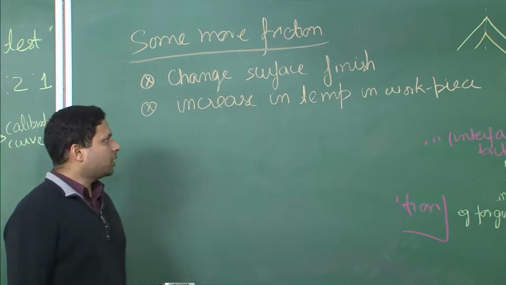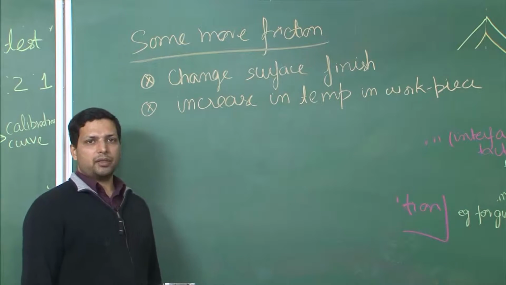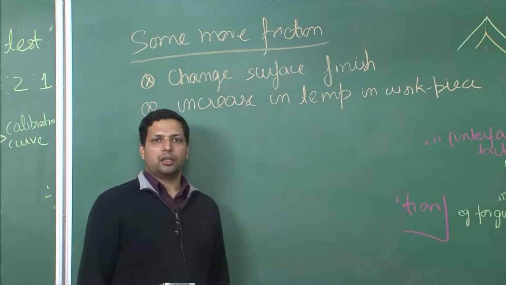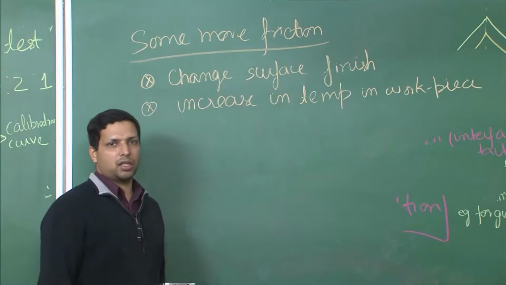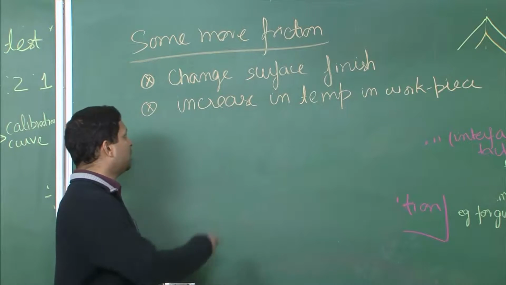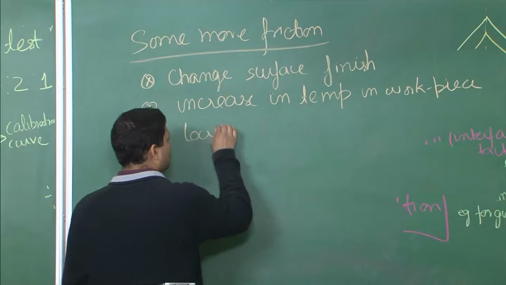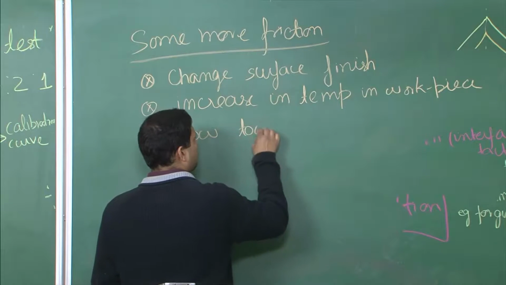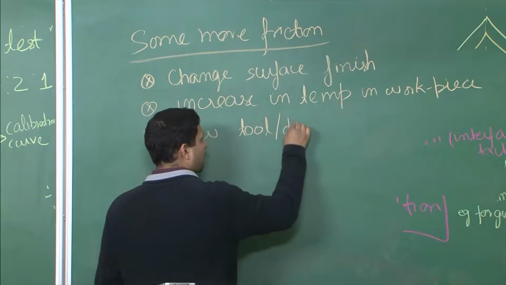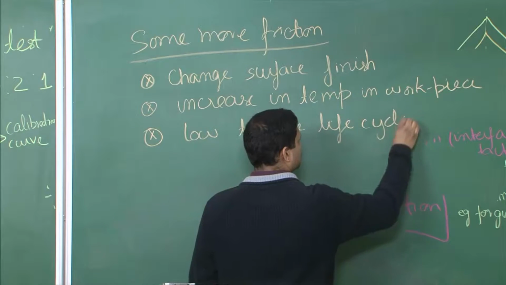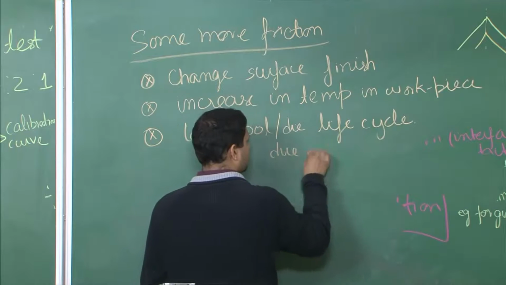For most cases the temperature rise will be very small, but in some cases, like in machining that we talked about earlier, you may see a very large temperature rise, and in fact it can lead to low tool or die life due to high temperature.